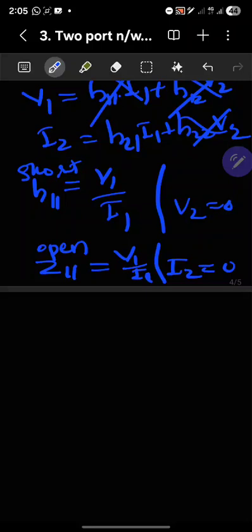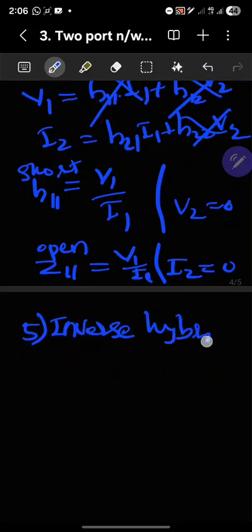Hope it is clear. Similarly, we have another set of parameters called G parameters, or inverse hybrid parameters. Same as what we have written here, but now I1 is on the left.